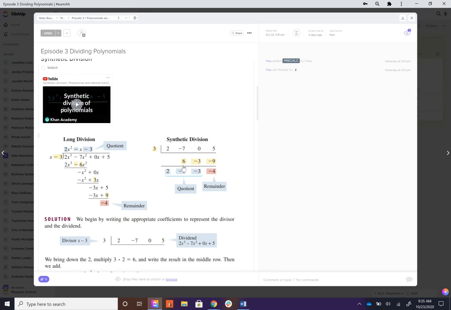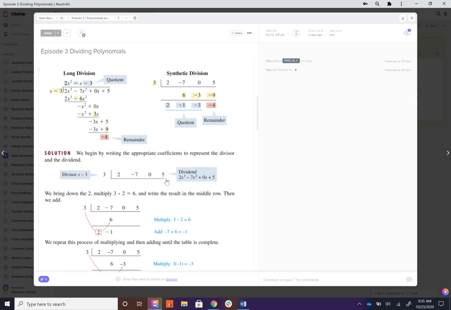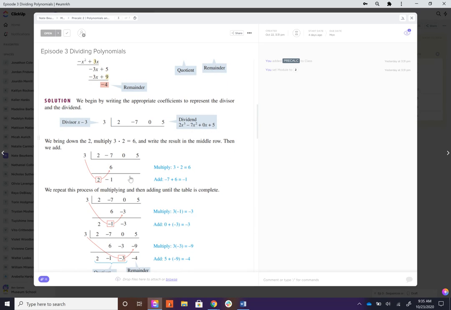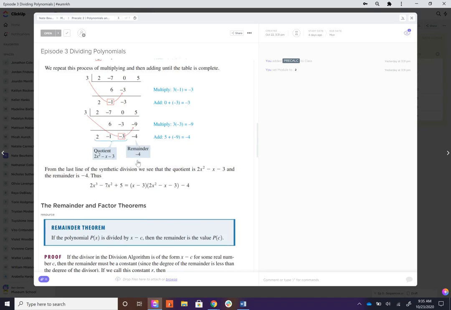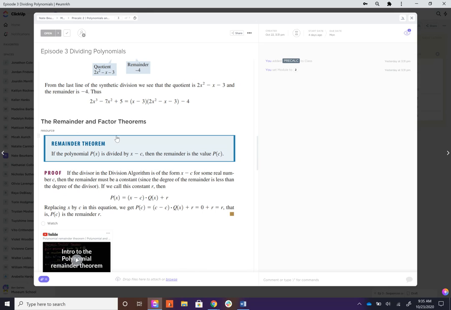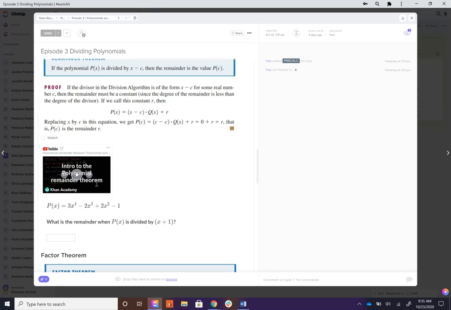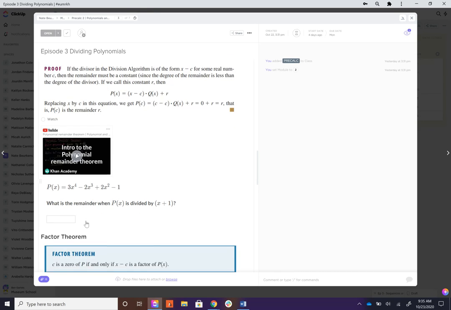So then here's the example, one example that I'm going to talk about today, with the solution, the steps that happen. And then remainder and factor theorems. So this gives you a theorem, and then it tells you the proof of that theorem. Little thing here, and then another example.